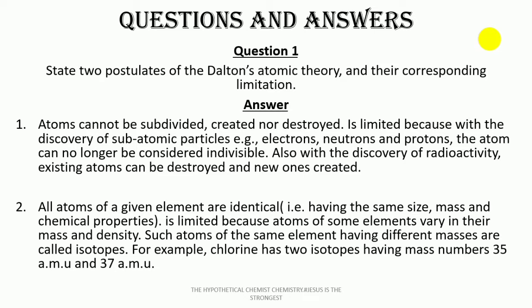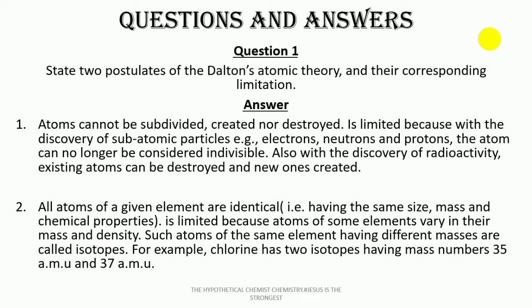Also, with the discovery of radioactivity, existing atoms can be destroyed and new ones created. We learned this earlier under discovery of the atom and the subatomic particles, part 1, which was mainly on Dalton's atomic theory.